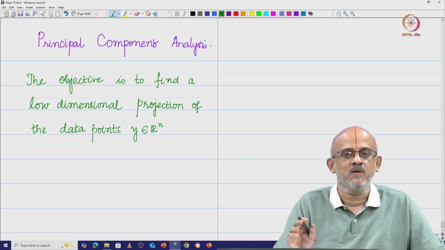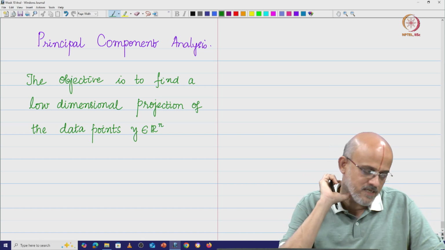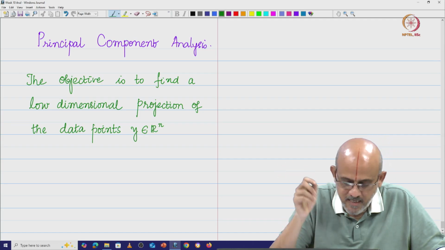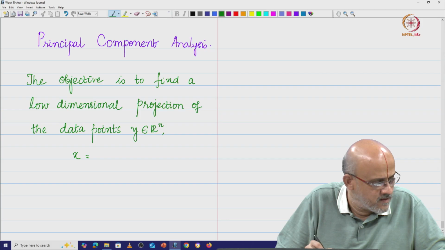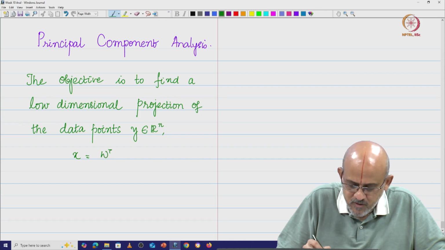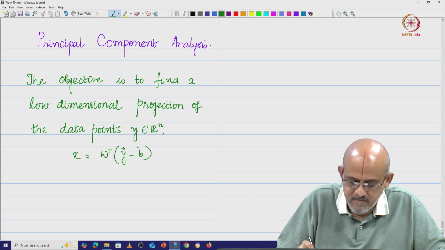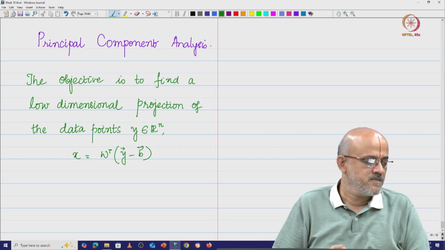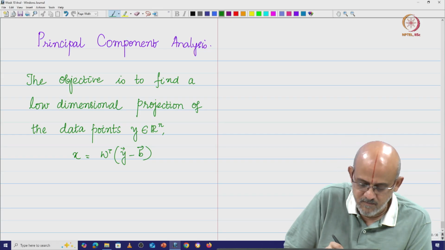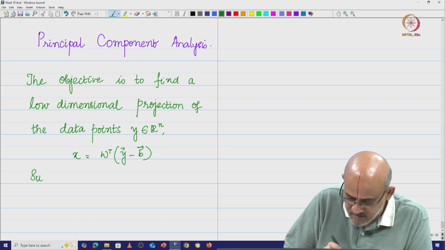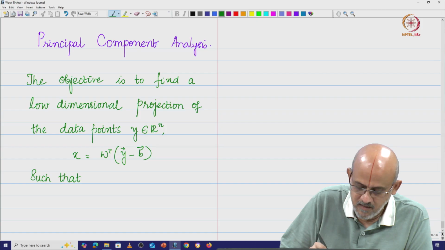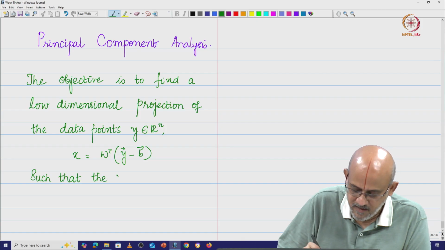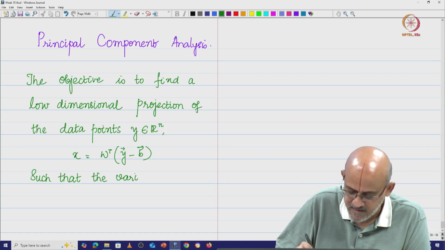So, n data points I want to look at, right. I use y in R n, which is given by some x equal to W transpose into y minus b, such that the variance of x is maximized.